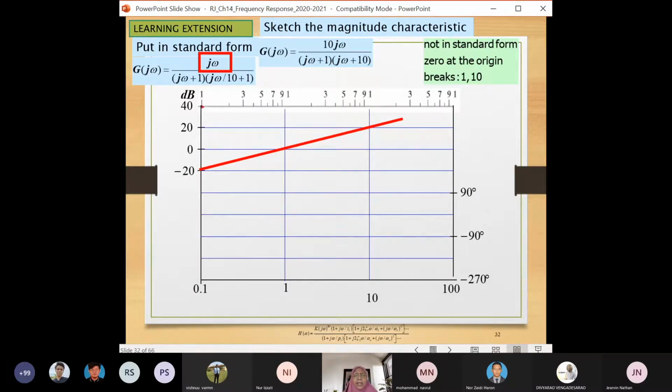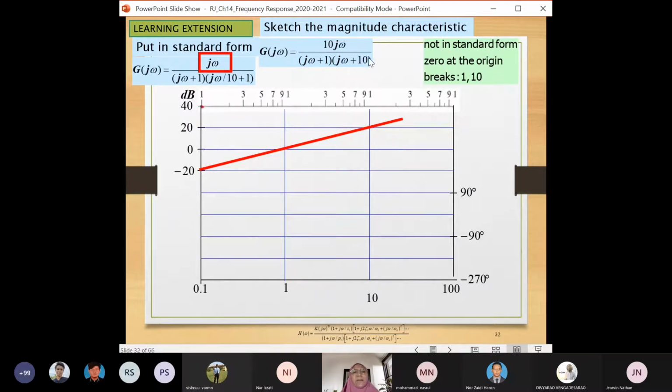The span of the x-axis should be sufficient, because you can sketch 0.1, 0.01, 0.0001. So how much scale do you want to use? It depends on the break frequencies. Normally we take at least 1 decade smaller than the smallest break frequency, and 1 decade bigger than the biggest break frequency of the transfer function.